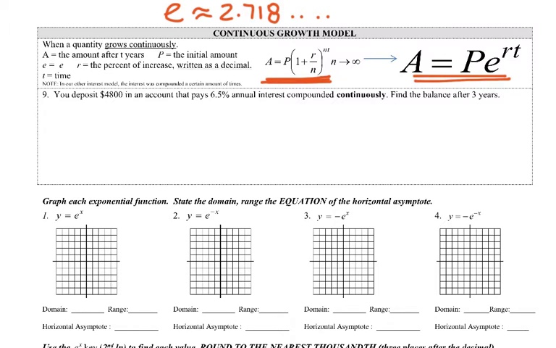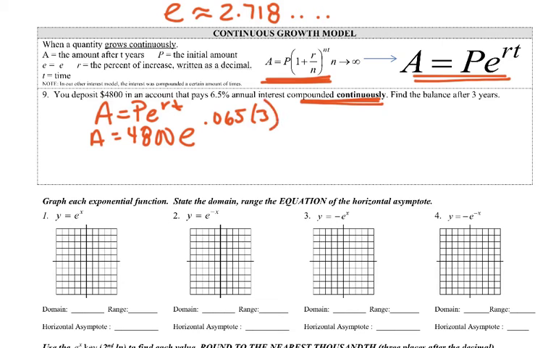And it's not something you have to fully comprehend, right? You could just be like, okay, I getcha. Anytime we see anything compounded continuously, we use the PERT formula, we call it. So the amount here is 4,800 initially times e to the 0.065 t, which is 3.